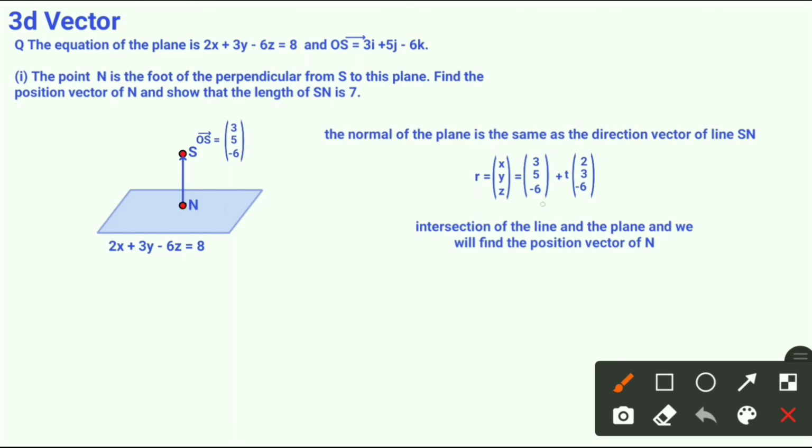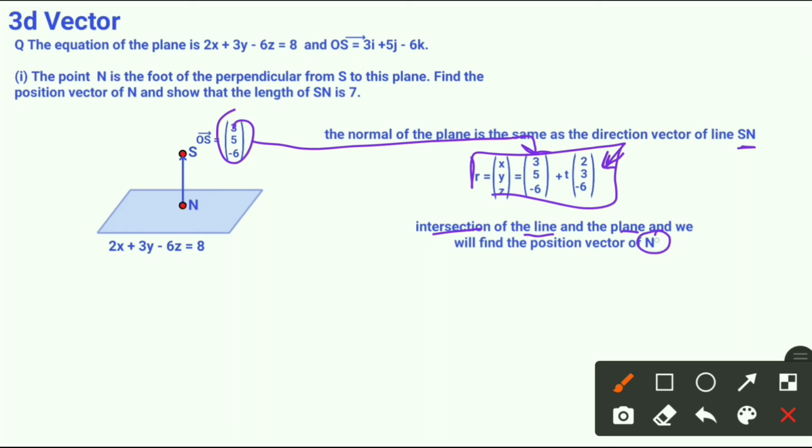Okay, so we have made the vector line, so this normal is the same as the direction vector of line SN. So this is how it is, and then OS we have taken as the position vector.